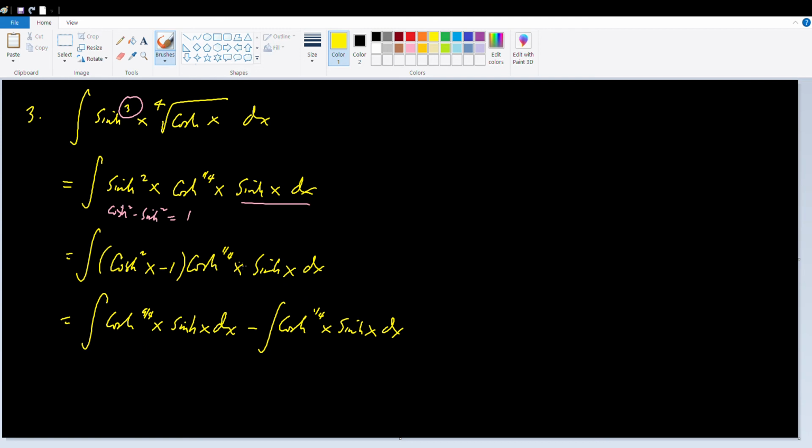For both integrals, we will be using the power formula. Your u will be hyperbolic cosine of x, and the differential is hyperbolic sine of x dx.